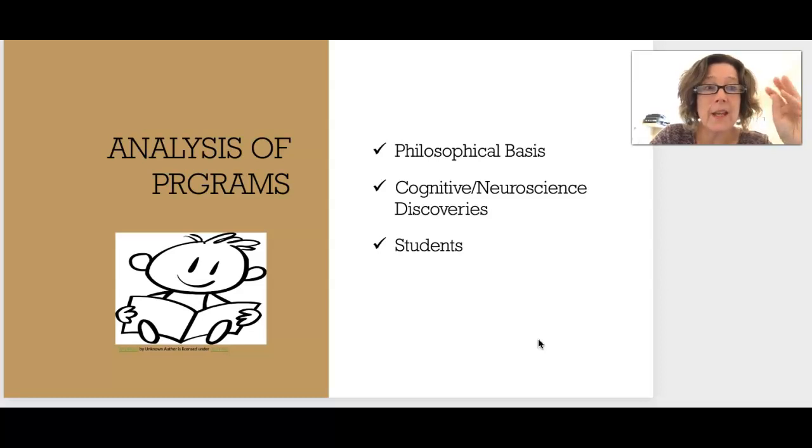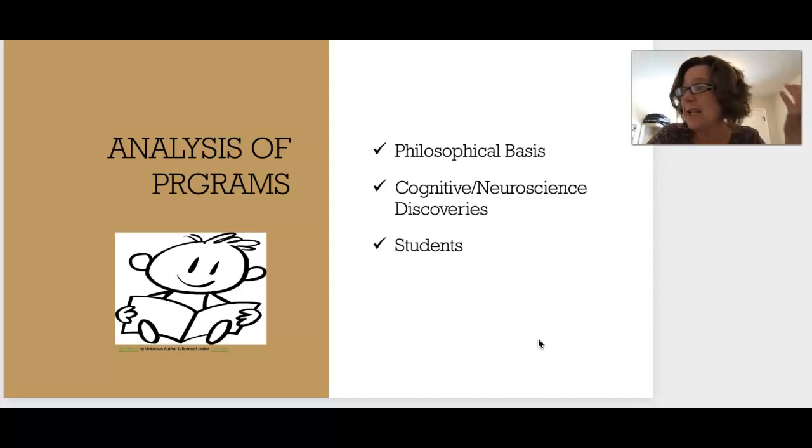Okay, so again, if that's what you buy into, then you have to weigh all of the things that are included in a program against that. And ultimately, you have to know, where are your students at, and what would be the best program or the best fit for those particular students. So if you're teaching grade 1 and they are all reading at a grade 3 level, well, you probably don't have to pound through all of the sounds, all of the phonemes, because they already know that. So again, you have to have a sense of where your kids are at.